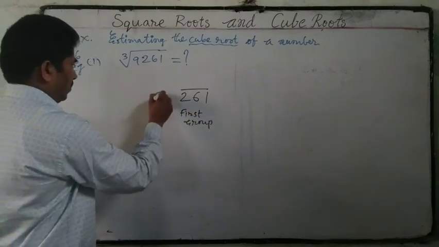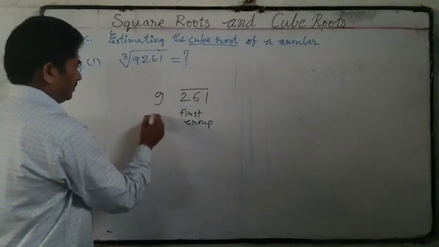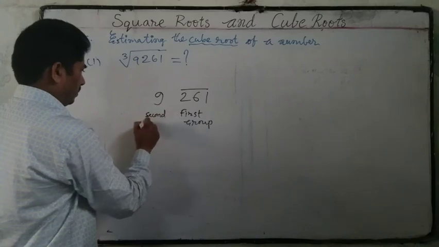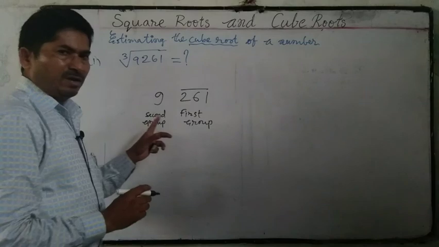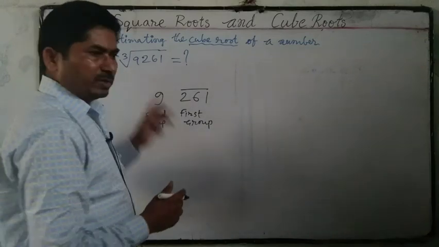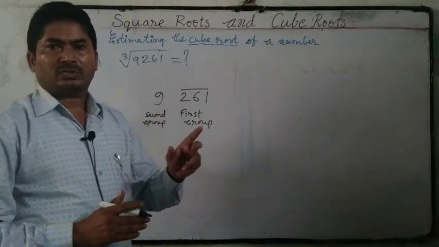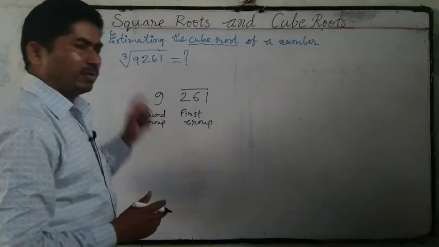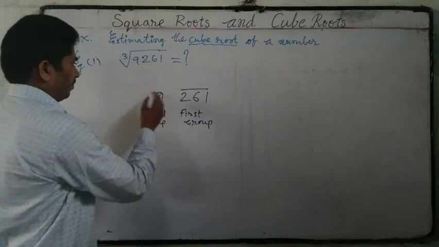Next, 9 is the second group. If the leftmost has 2 digits or even 1 digit, we still take it as a group.